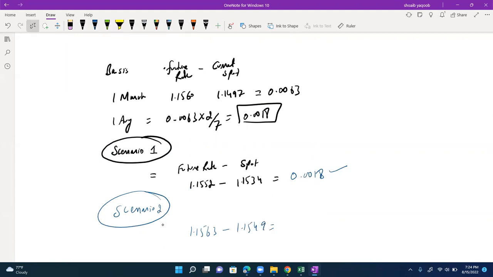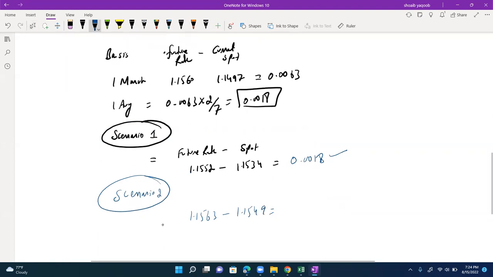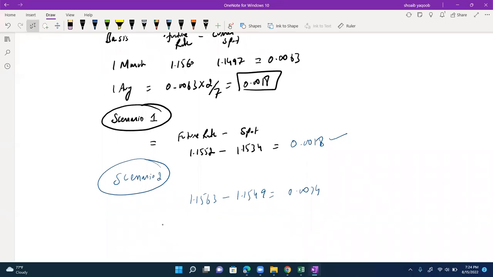What is the difference? 0.0014. So if the basis does not diminish constantly at a constant interval, we will not get a perfect hedge. That's why the future answer is different in scenario 2.